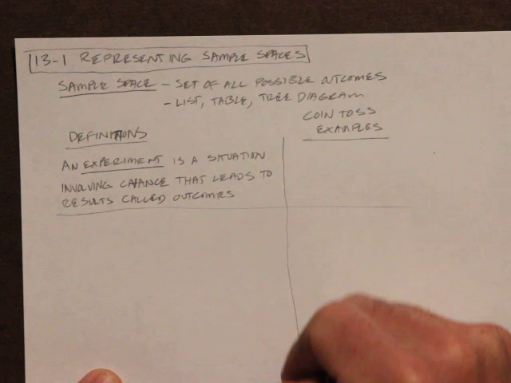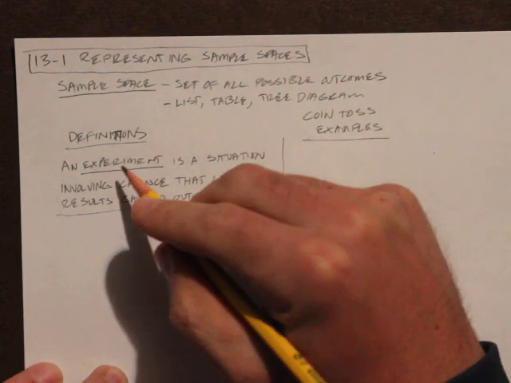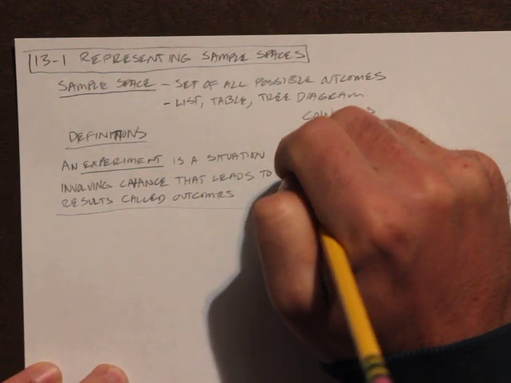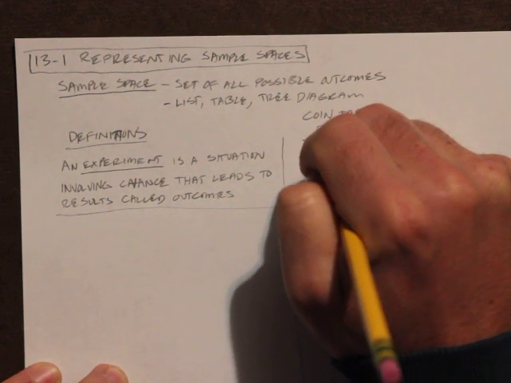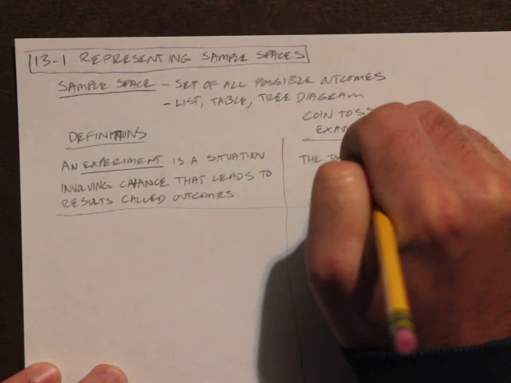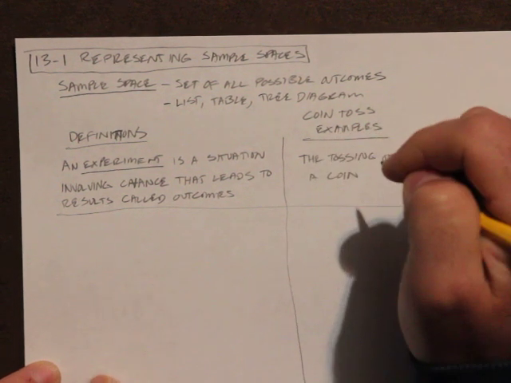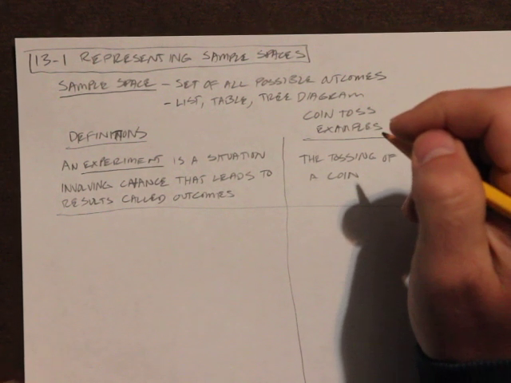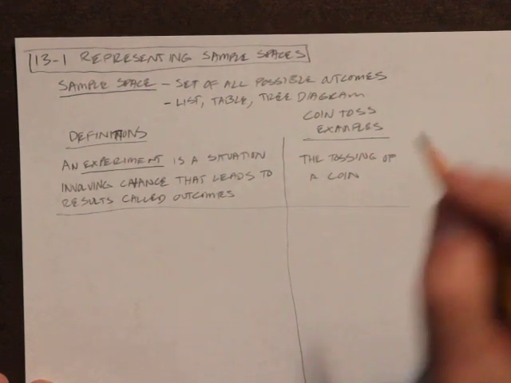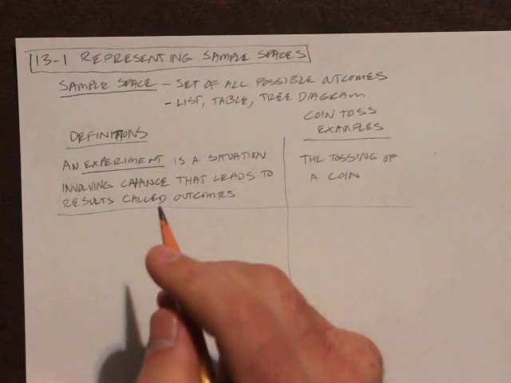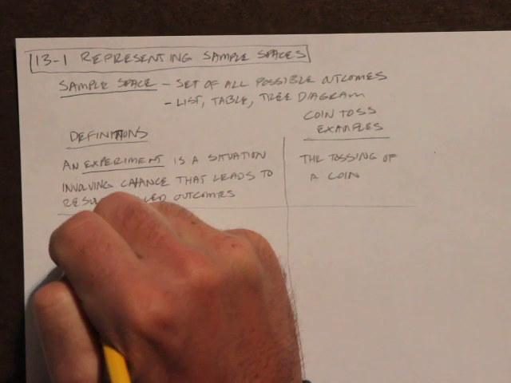So in a coin toss, your experiment would be the tossing of the coin. My experiment is flipping the coin up and tossing the coin. That's the experiment.